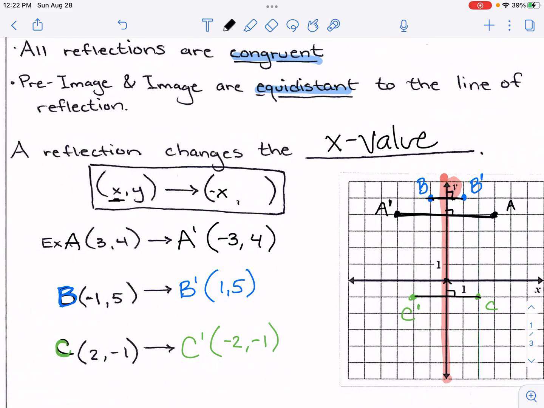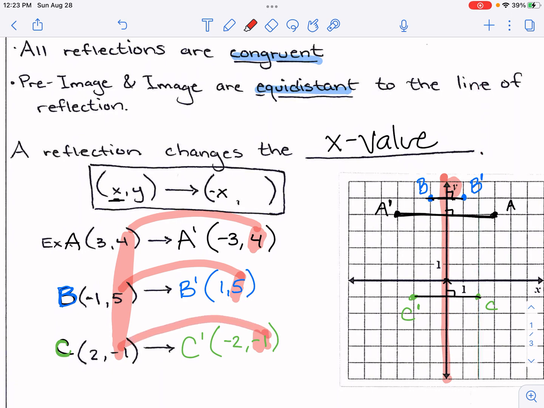And then lastly, let's go and talk about the y values here. So from the first one, we have positive 4 stays positive 4. Positive 5 stays positive 5, and the same thing with our negative 1s.